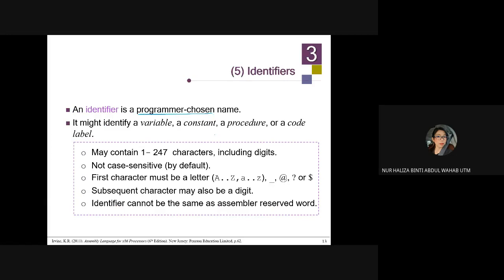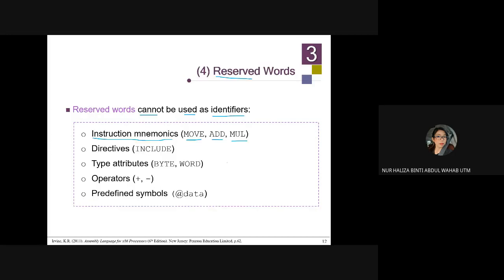You are the one that chooses. I can even put my name as an identifier. Let's say I identify Lisa is equal to 179. So my computer knows that Lisa is equal to 197.